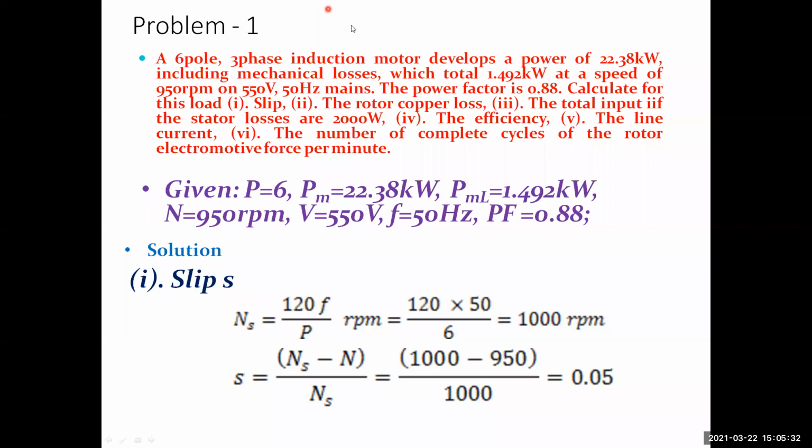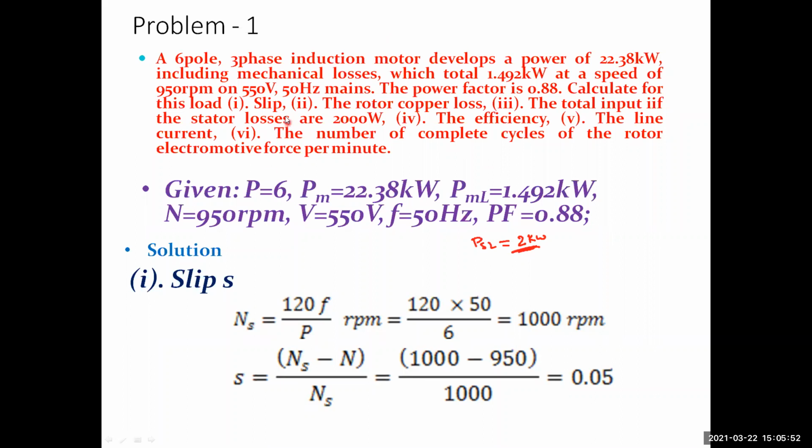Stator losses are also given, stator copper losses, that is called PSL, 2000 watts, that means 2 kilowatts.